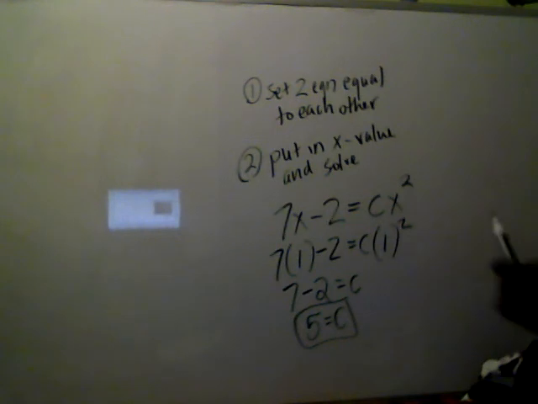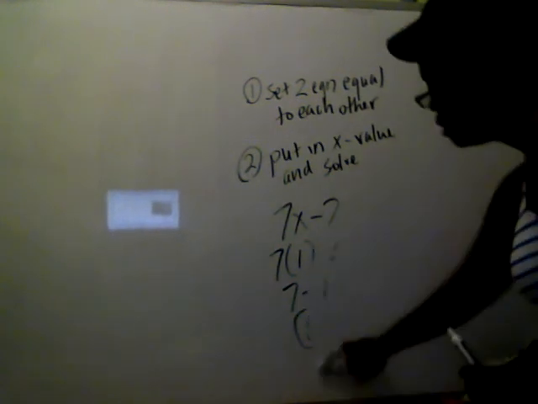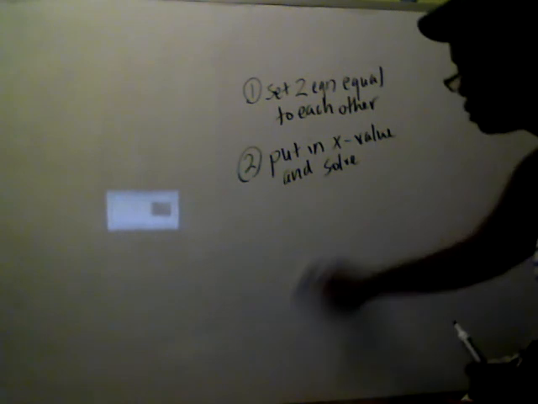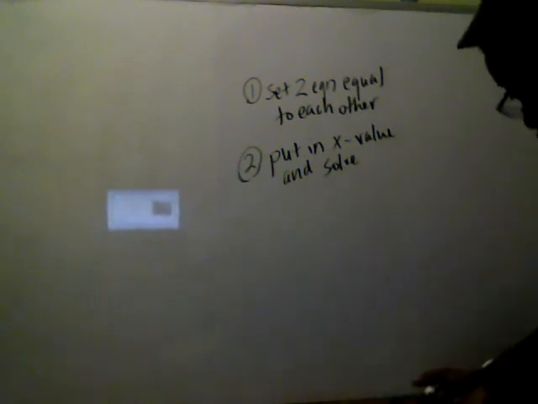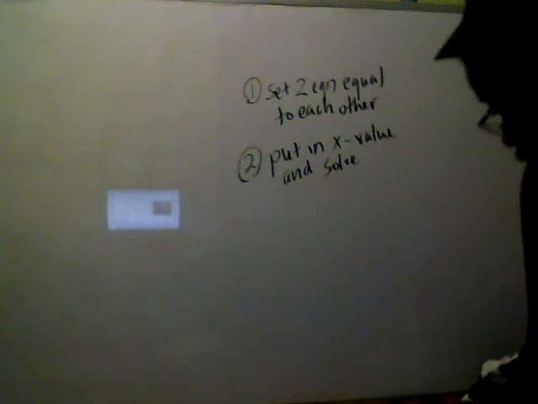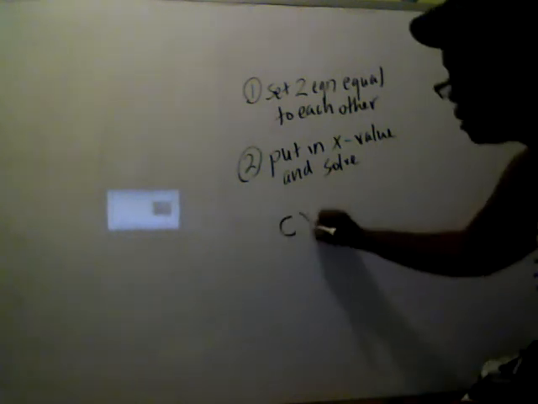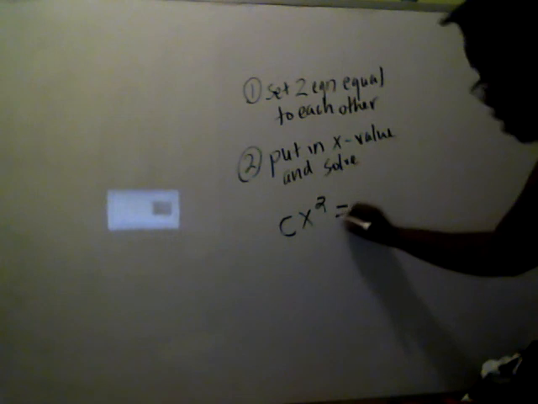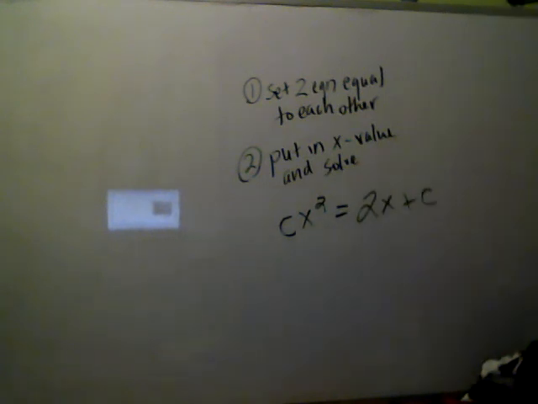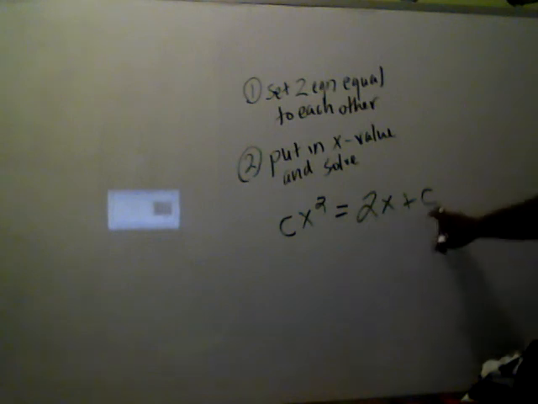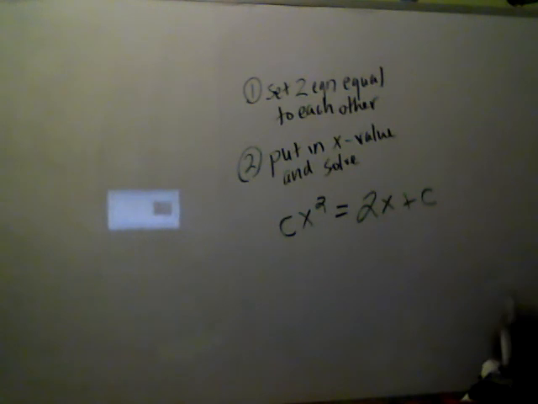Right? And then for the last one, we tackle it the exact same way. We just got to set the two equations equal to each other. So we have cx squared equals 2x plus c. Okay? Now here we almost have two c's in two different places. That's fine. They tell us that we want to make it continuous when x equals 2.